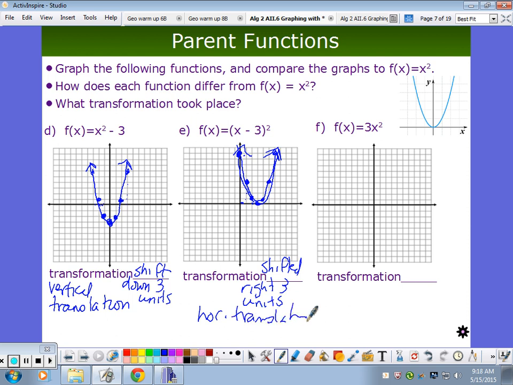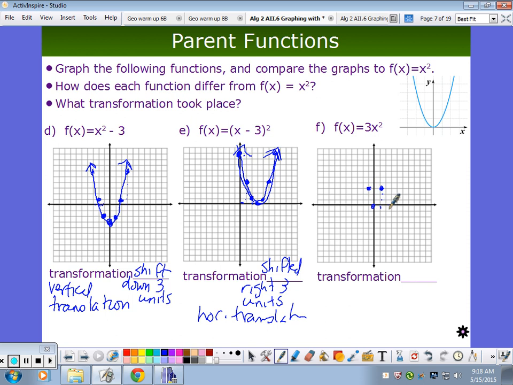All right, let's see. 3x squared. Now, we looked a little bit at this. When you put a number in front, what happens if this number is bigger than 1? Do you remember, Alex? In what way does it get smaller? Skinnier, right? We do that stretch to it. So again, if it's 0, it's 0. But if it's 1, instead of bouncing up to 1, it's going to be 3. And same on the other side.